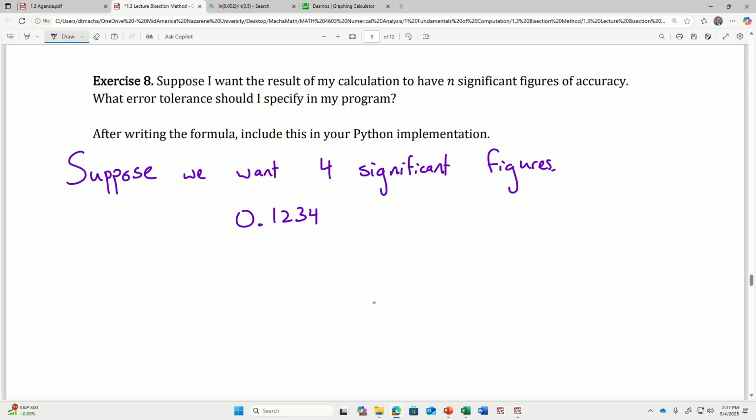Or it could look like something like this, 0.0001234. Those are both examples of 4 significant figures. Zeros in the middle count as significant figures, but leading zeros or trailing zeros don't count. The number 1234000, like 234,000, also has 4 significant figures, right? These are all examples of 4 significant figures.